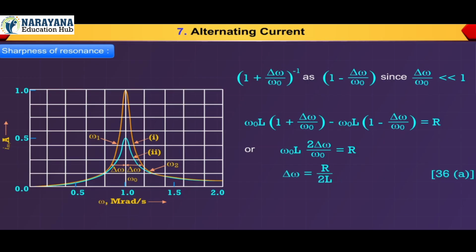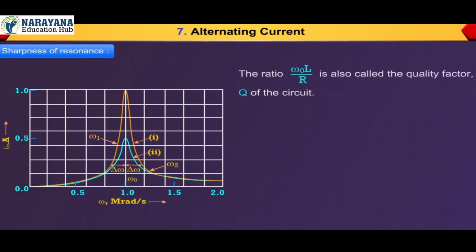Equation 36a. The sharpness of resonance is given by omega 0 upon 2 delta omega is equal to omega 0 L upon R. Equation 36b. The ratio omega 0 L upon R is also called the quality factor Q of the circuit. Q is equal to omega 0 L upon R. Equation 36c.